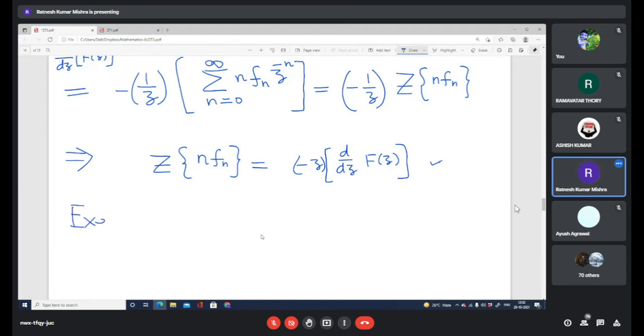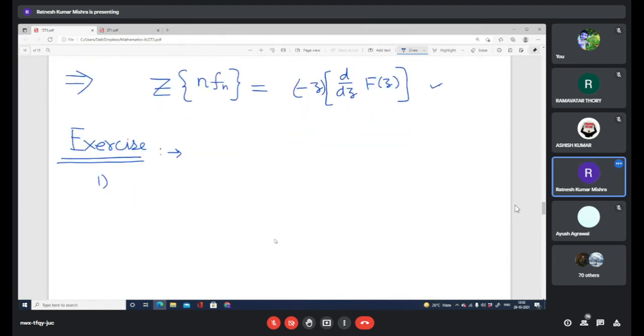Exercise number 1: find z transform of n square Fn, and if you find n square, then n cube is not a matter, so just find the generalization, n power k Fn.